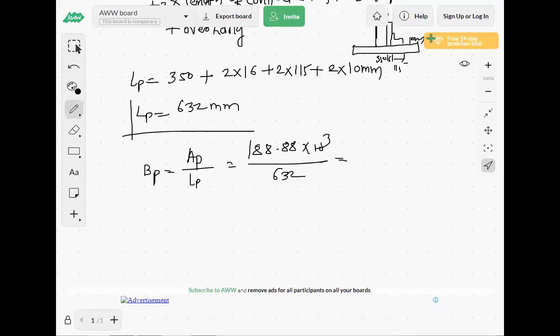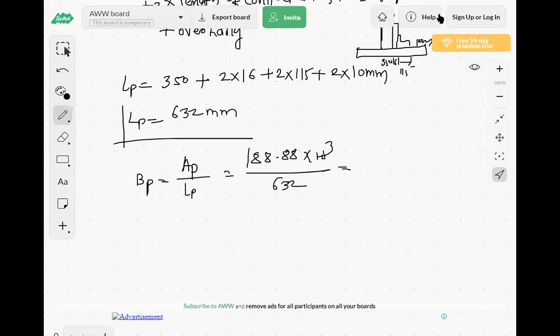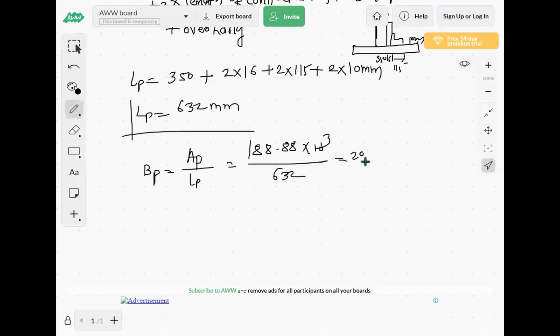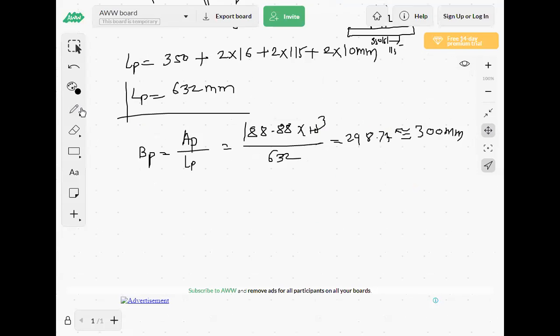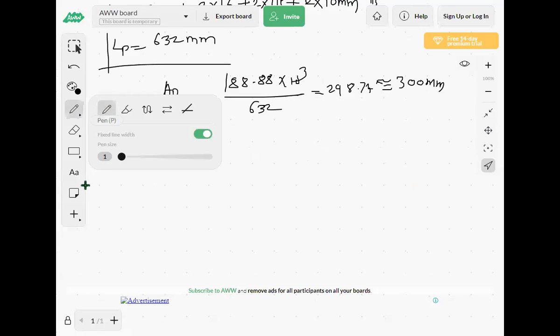Tell me the answer first. Okay, 298.73. It means we have to use this 300 mm. So width of plate will be 300 mm. So this is your step number 4.